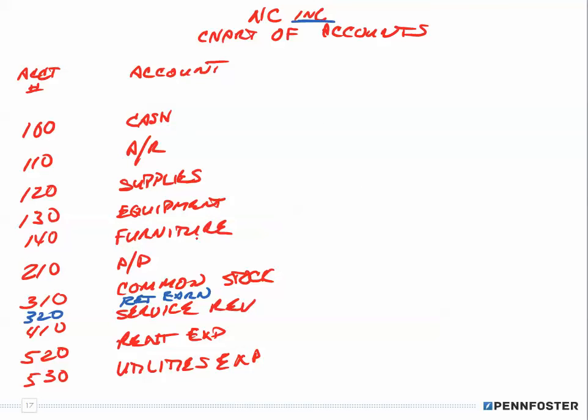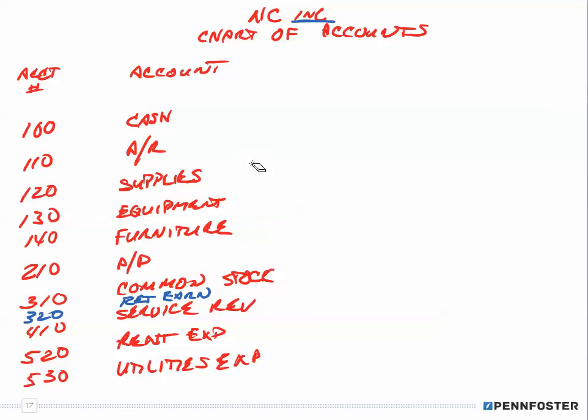I mean, you're purchasing something. Yeah, it's a computer, and you're going to own it. So you look at your asset accounts here, okay? And what asset accounts do I have that make sense? Well, I know it's not cash. I know it's not a receivable. It's not supply. Is it equipment or furniture? Computer can be deemed equipment, so I would use the equipment account, okay?